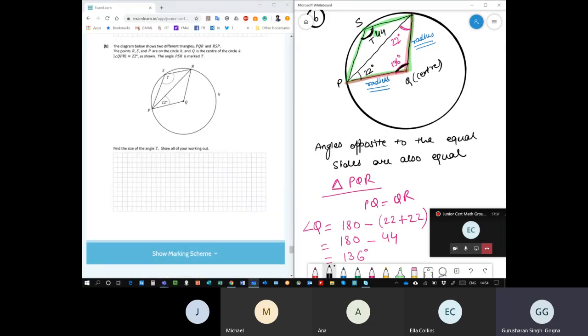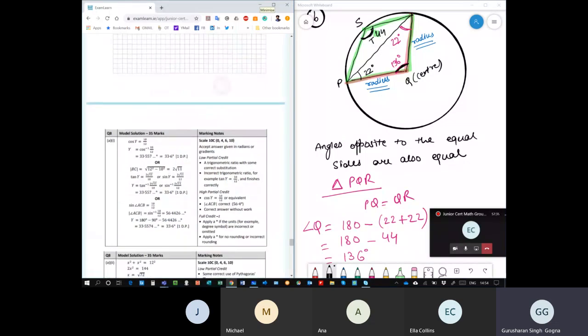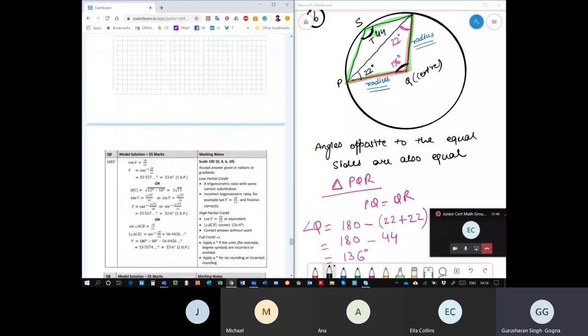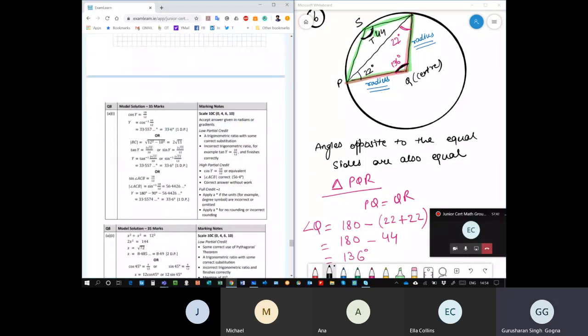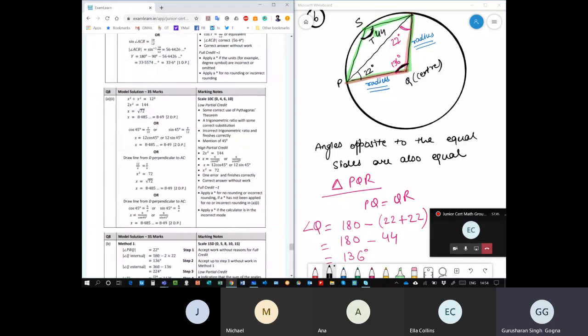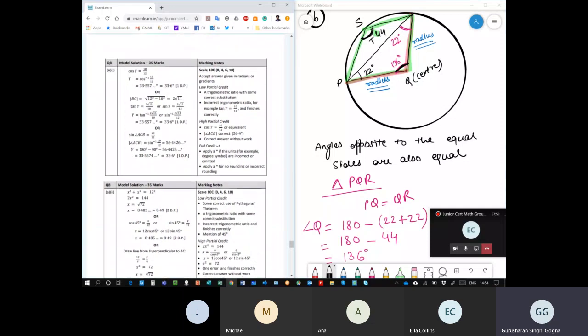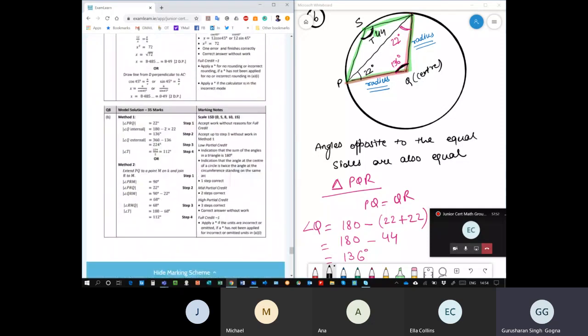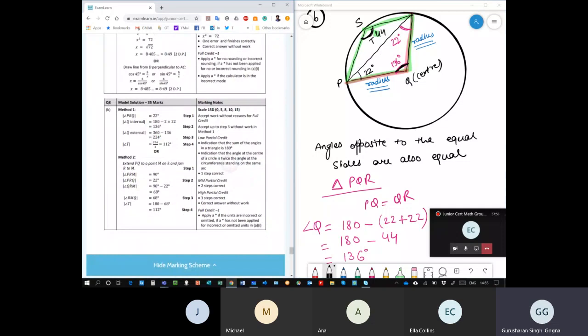But it should work in this case as well. Let me see. That's correct. So angle Q internal is 136.